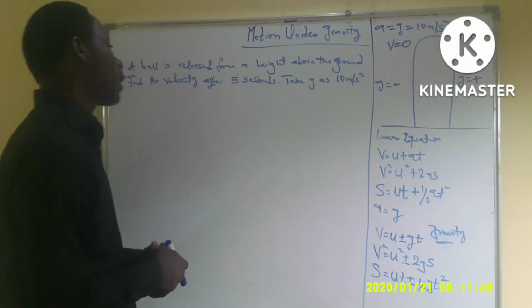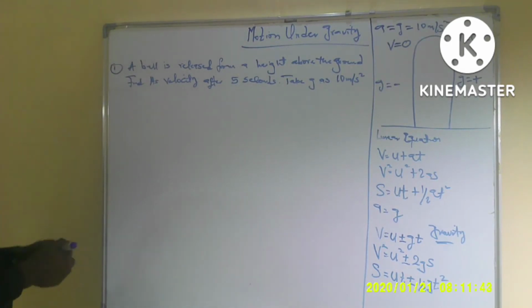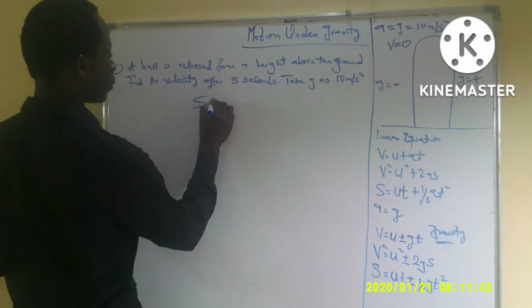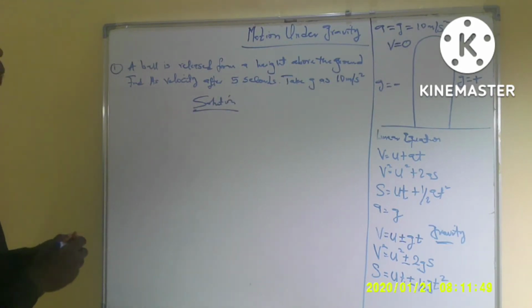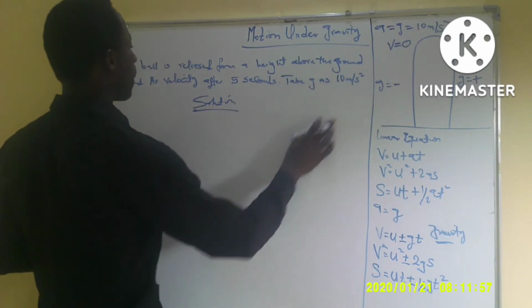Now we have a question right before us. The question says, a ball is released from a height above the ground. Find its velocity after 5 seconds. Take g as 10 meters per second squared.